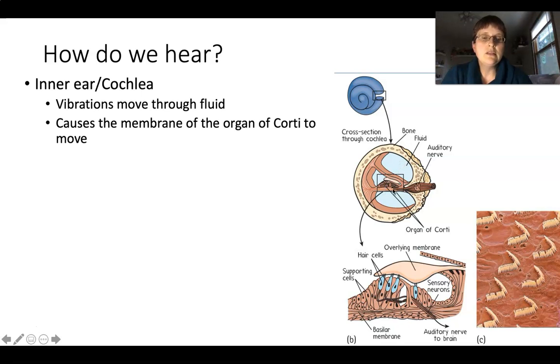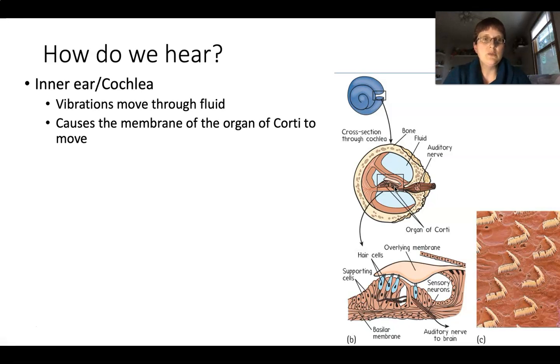And the reason why is we want to vibrate this section right here. You can see that there are these portions of tissue attached to the inside of the bone of the cochlea, and they're attached there to be able to have this section, the organ of Corti, here in the center of the canal.